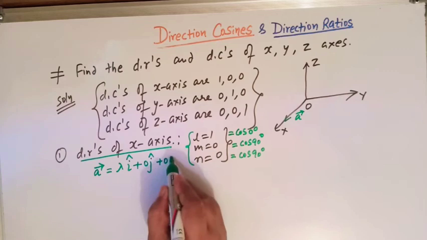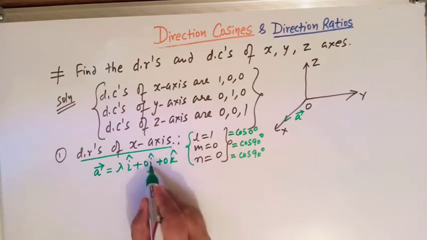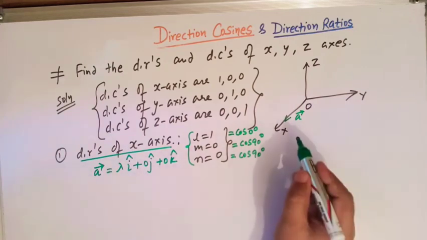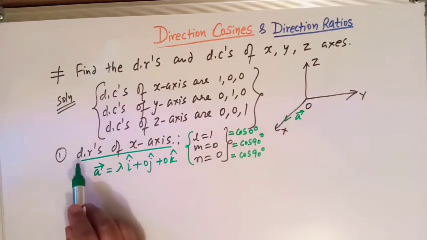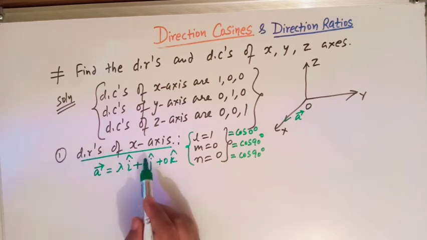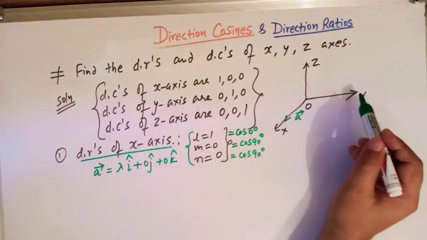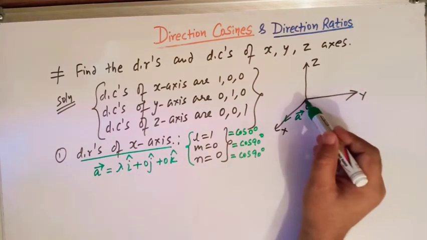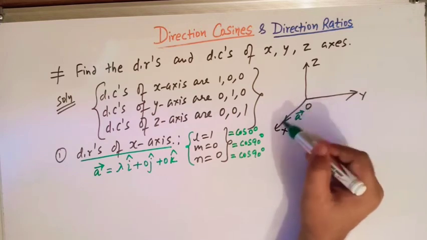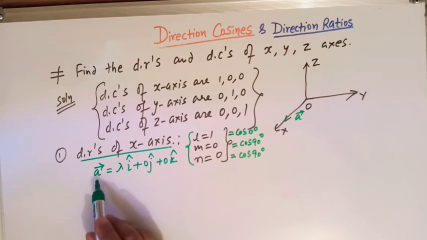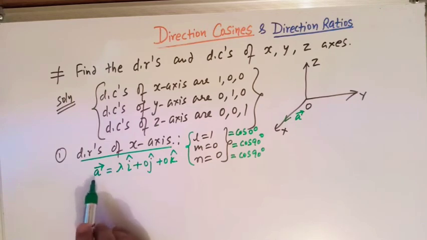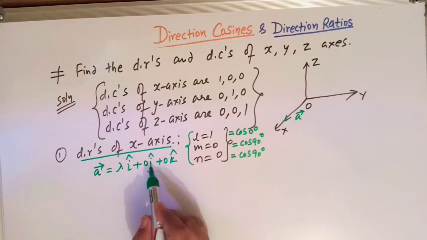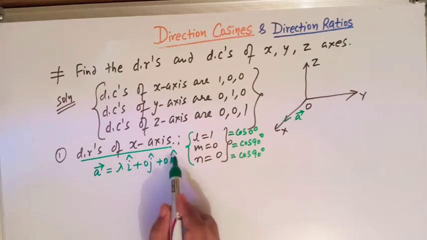Clear? So we can write it like this: 0 j cap and 0 k cap. I am once again repeating, because the concept of direction ratios of x-axis, y-axis and z-axis is very important: any vector which is along x-axis can be expressed in the form lambda i cap plus 0 j cap plus 0 k cap.